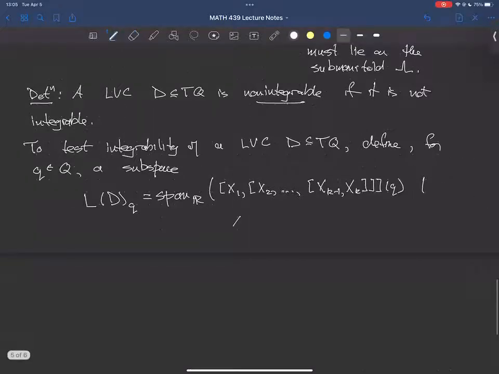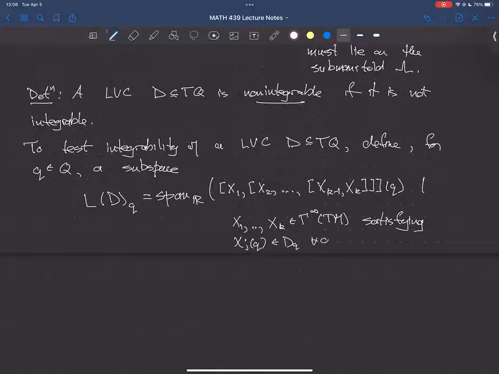These vector fields, x1 up to xk, are smooth vector fields, of course, and they satisfy that xj at q lie inside D, which totally makes sense.